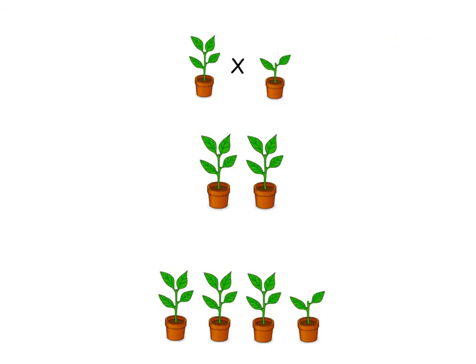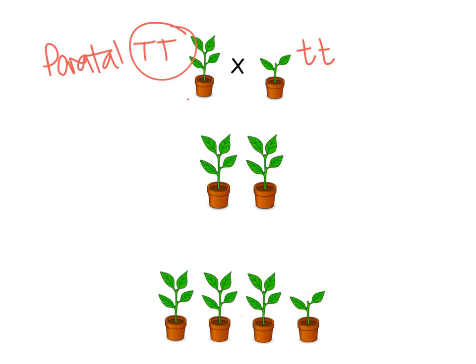So if we go back to our experiment, we had the parental generation. This one was purebred tall, and this one was purebred small. So we assume that they're homozygous. In other words, that both alleles are the same. And so this one here passed on a big T to this, and a big T to this.